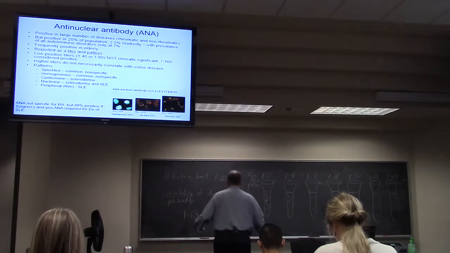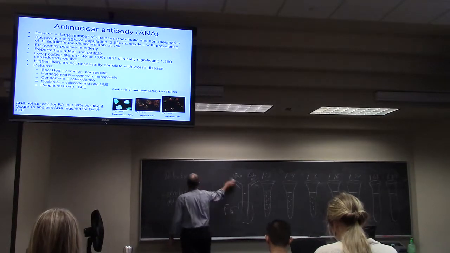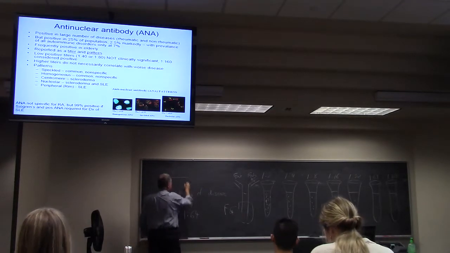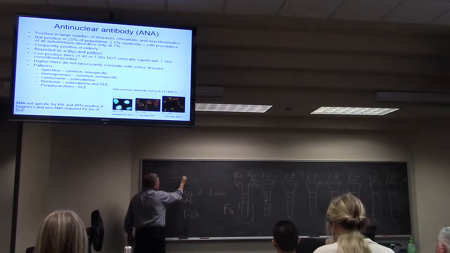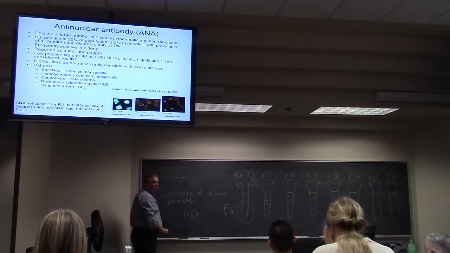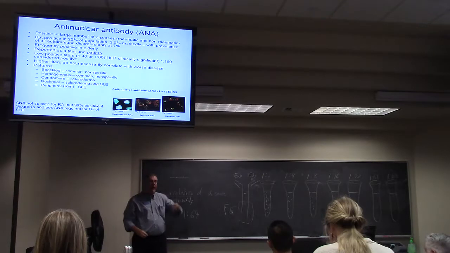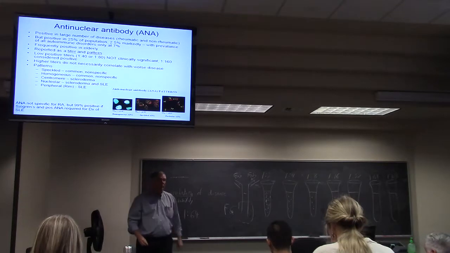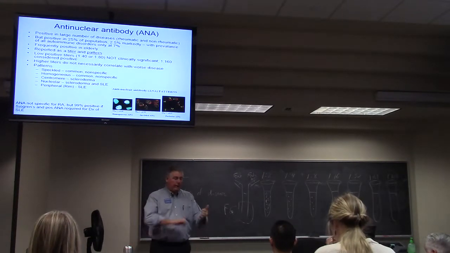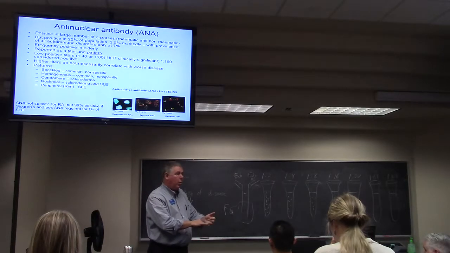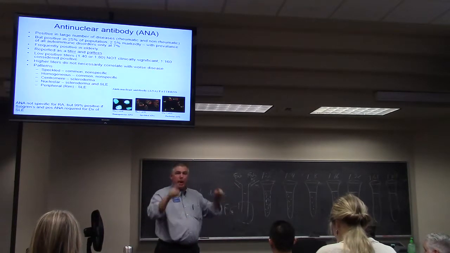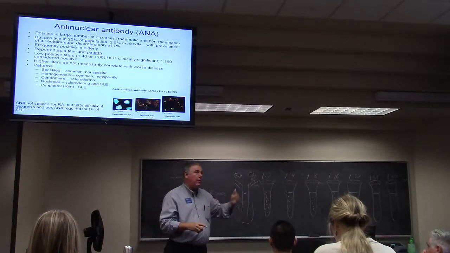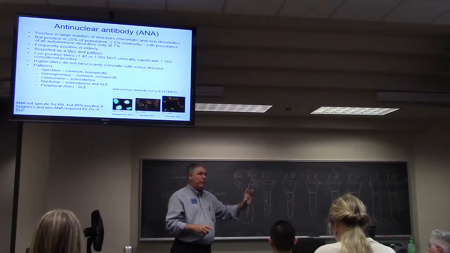So if you draw it out, here's the tissue cell, and here is the nucleus of that cell. These antinuclear antibodies are directed against nuclear proteins, like the centromere, or the edge, or the envelope, or the membrane of the nucleus, or histones, or some other type of protein that's in the nucleus.